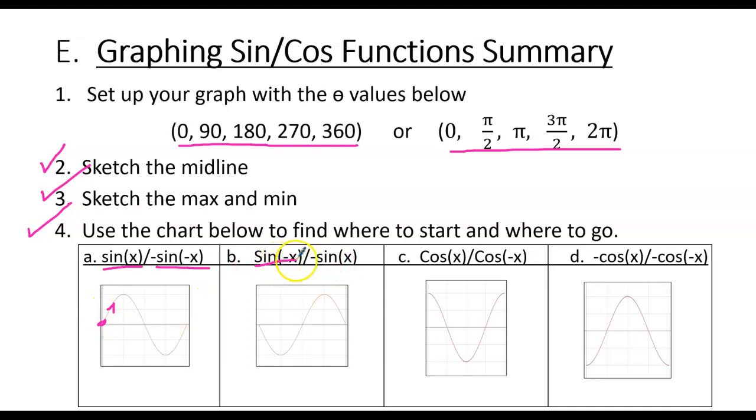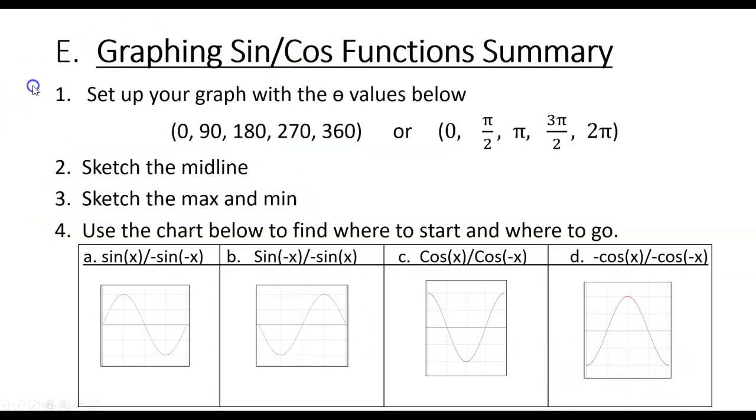If you have a sine with a negative on the inside or a sine with only a negative on the outside, you're going to start at the midline and go down. If you have cosine or cosine of negative x, both of those start at the top and go in a downward direction. Or if you have a negative cosine x or a double negative cosine of x, then you start at the minimum and go up. Okay, so there's all those.